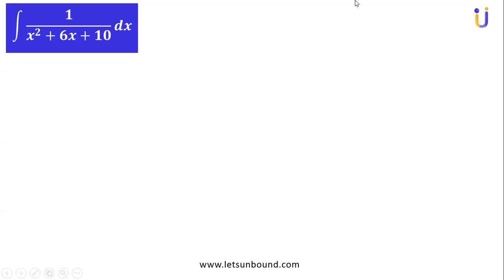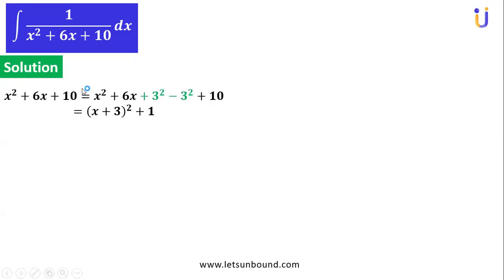And 1 by x square plus 6x plus 10 dx. This thing, you can't divide, right? The numerator's degree is less. But try to make it a complete square, if we can. So completing the square means take the part which you want to make a complete square, x squared plus 6x.